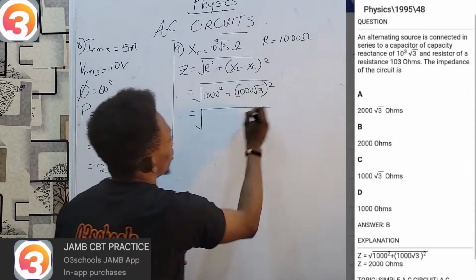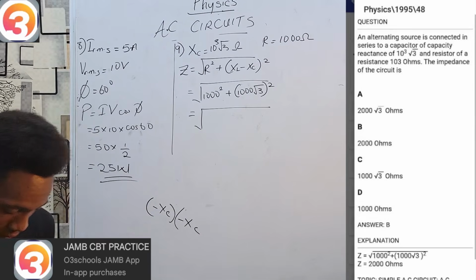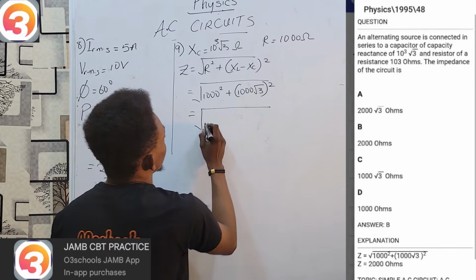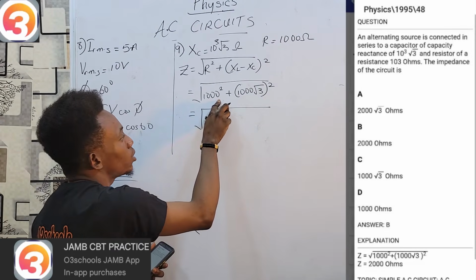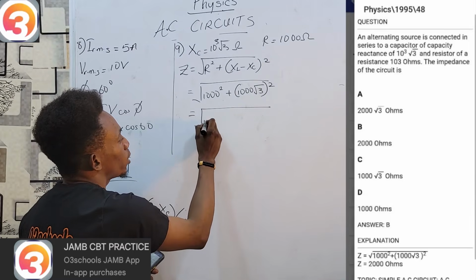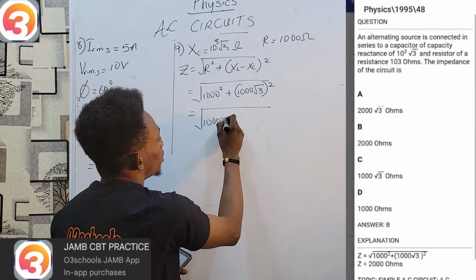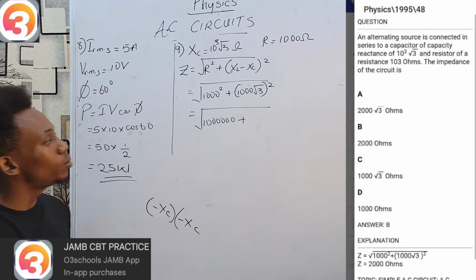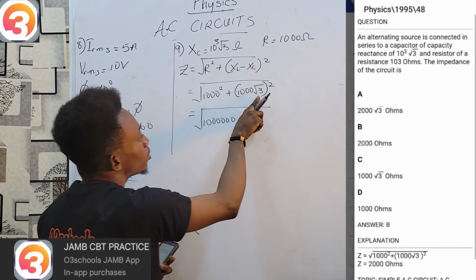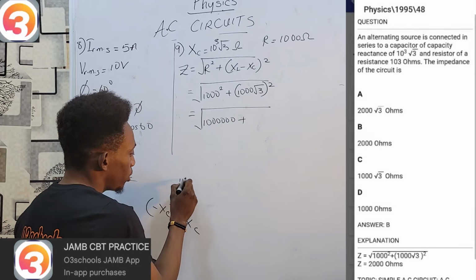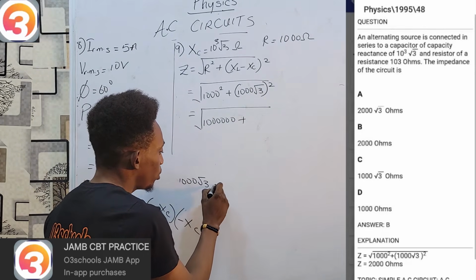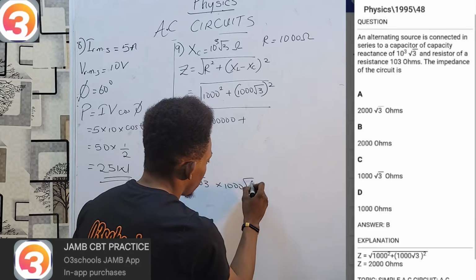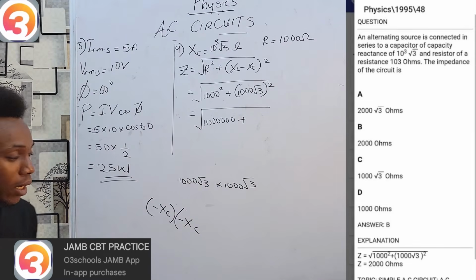So that will give me 1000 squared as 1000 is 3 zeros. So the square of 1000 must come with 6 zeros. Then 1000 root 3 squared will be, again, root 3. Let's just do that here, for those of us that are not quite good at the mathematics of things like this, because your calculator will not have that.